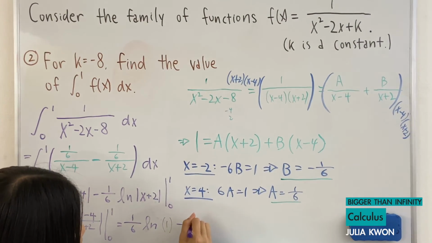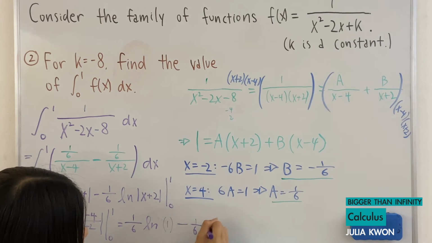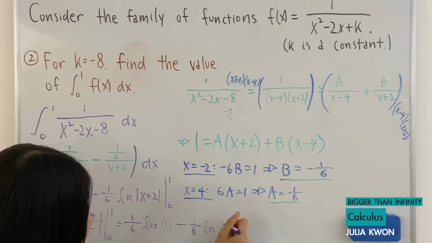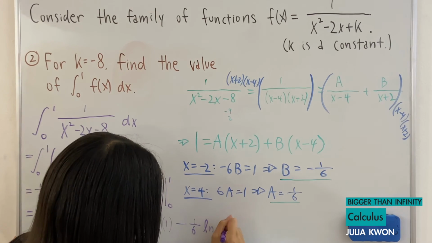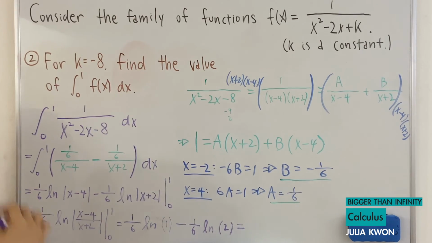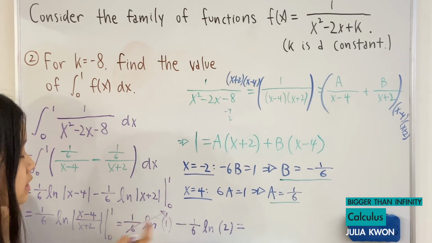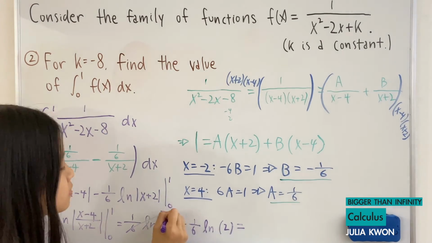Subtracted by 1 over 6 times the ln of, if we put in 0, negative 4 over 2, which is negative 2, but since we again have the absolute value, we would just have 2. And we don't have to worry about this part, since ln 1 is just 0.